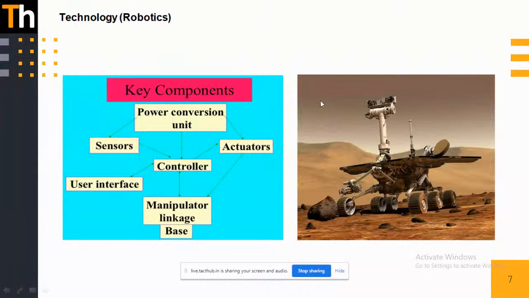So naturally, if you see the key components of any particular robot, you will find that it has an embedded system. Now, what do I mean by sensors? Sensors are like our cognitive senses, how we gather information and collect data, through 5 senses: eyes, ears, nose, taste, and touch.